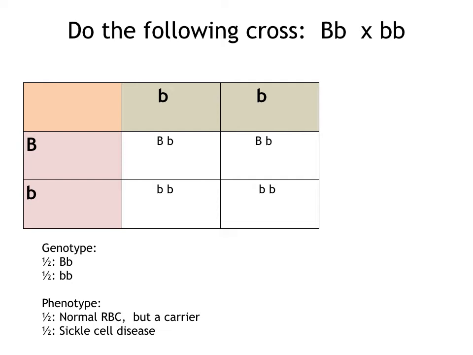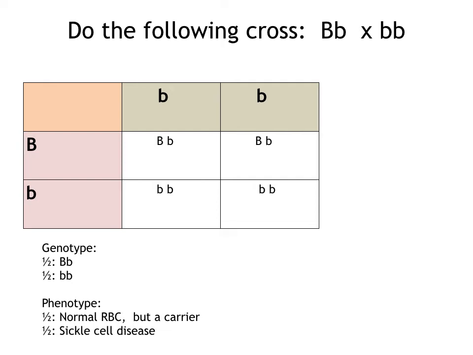Now, most of us don't have 20 children. And every child is a new event. What we're saying is that with each birth of each new baby, that baby has a 50% chance of being one or the other genotype.